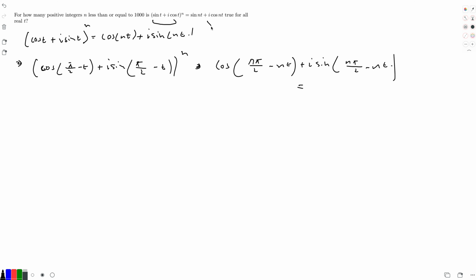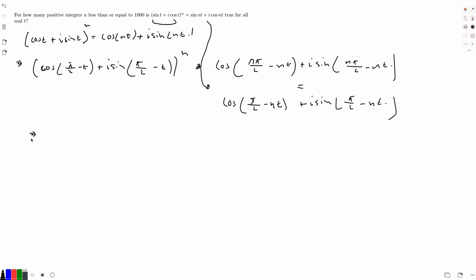And now we want this to equal sin nt + i cos nt. Again, let's get this in terms of cosine and sine so we can pattern match. So this becomes cos(π/2 - nt) + i sin(π/2 - nt).